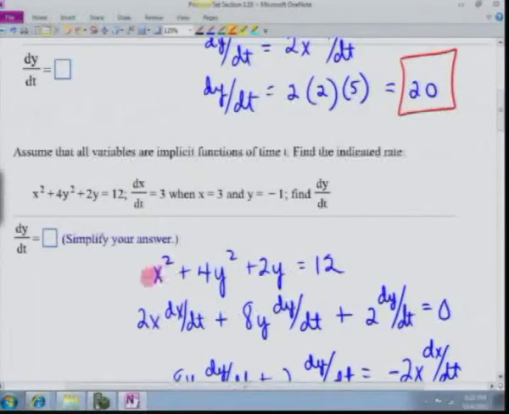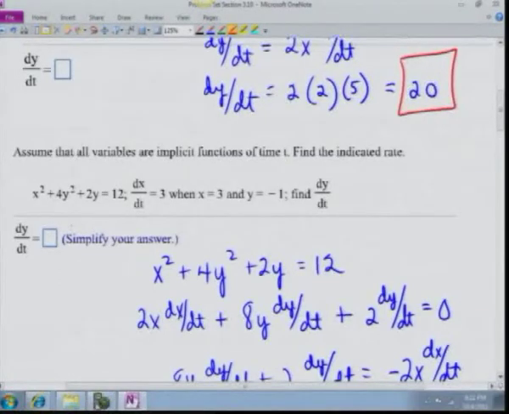So if you take the derivative of x squared, you have to tag on the dx/dt. The problems where you don't have to do that are when you have y equals something, and you're just finding y prime, and it's all on one side. But this isn't solved for y. This has other variables, and we're doing it with relation to t. So you're going to have to do that. Just know that in this section, you're always going to do that.